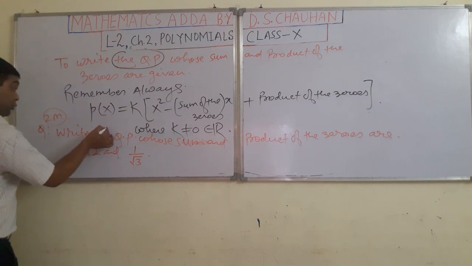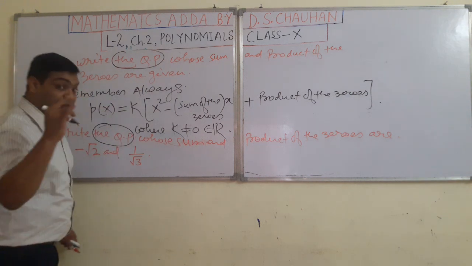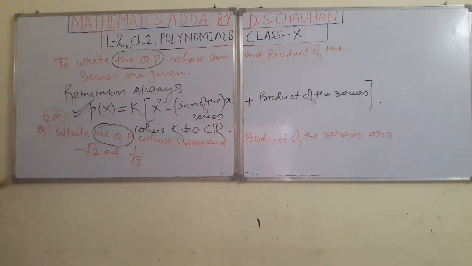Here we have to write the quadratic polynomial, not a quadratic polynomial. So which formula will we use? We will use this formula. So what will be the answer?